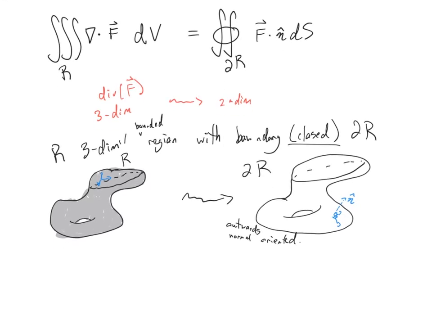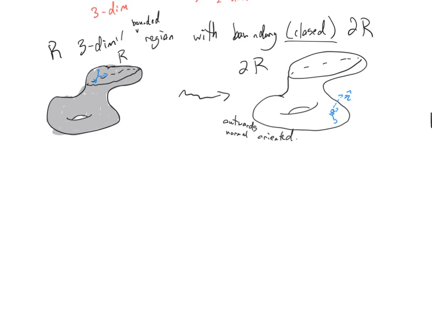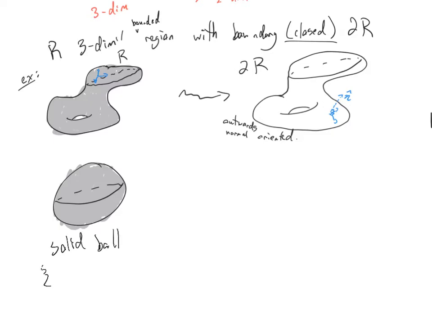So let's draw this for a sphere, which is a region people should make sense of. Here's just more example pictures. If you pick the solid ball, I shaded it to indicate it's solid. An equation for that might be the set of (x, y, z) such that x squared plus y squared plus z squared is less than or equal to 1.